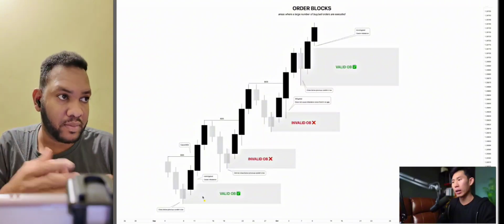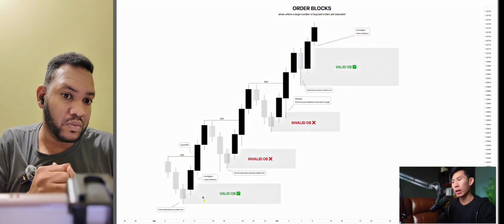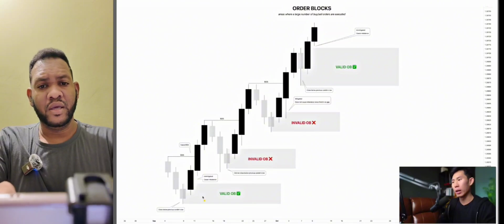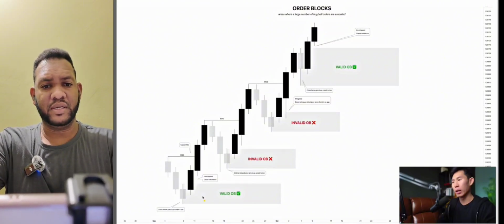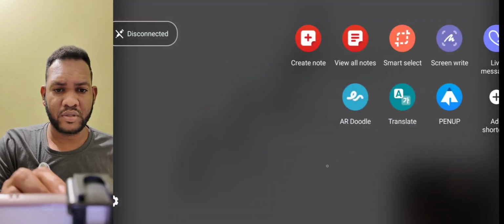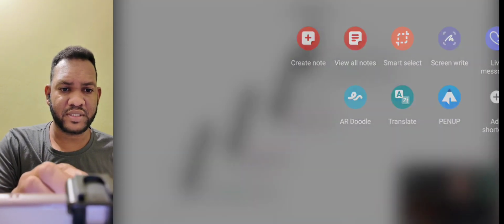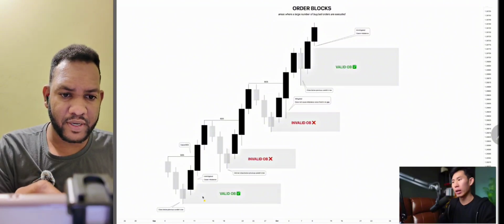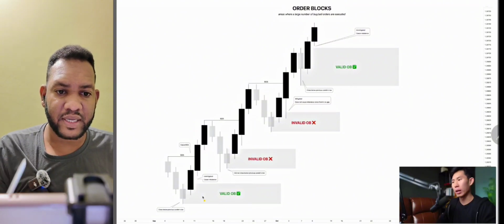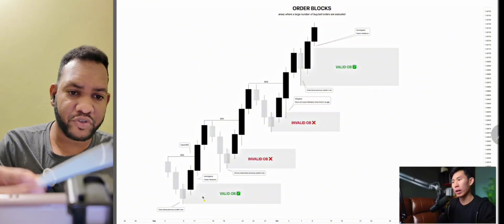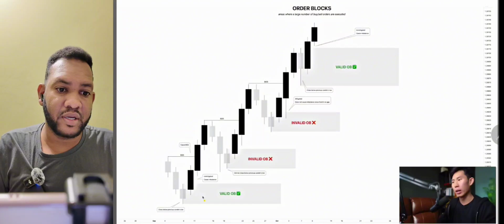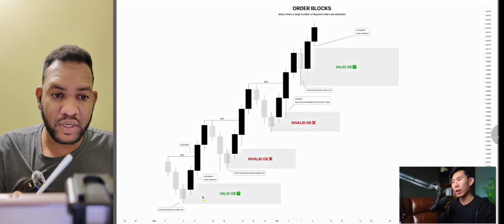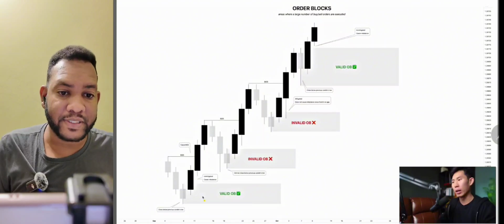So understanding order blocks is just a strategy. For example, this picture right here, let me see if I could pull it out. Right, so this picture right here, I don't know if you could see anything moving, right? Some people would say a break of structure, BOS, on the first leg up, and you wait for it to come back into the zone, and then you buy again with the next break of structure.